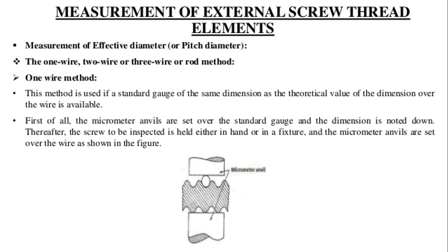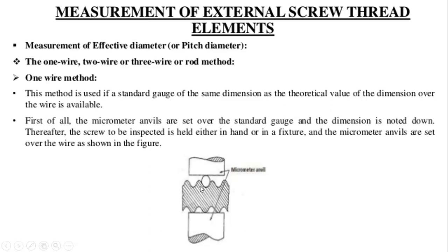Next, the micrometer anvils are set over the wire, in which only one wire is taken. You can see it in the picture also.